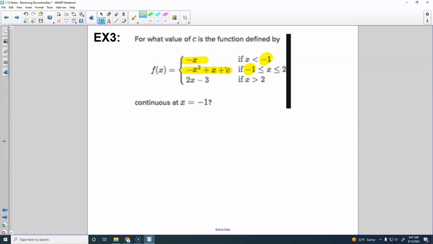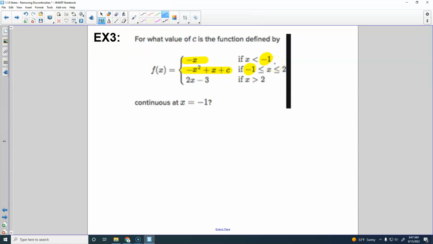It does not tell us it's got to be continuous at 2. So we're only concerned with the two functions that come together at negative 1. That 2x minus 3, it doesn't even have to be there, right? We're not going to use it. Now, if they had asked continuous everywhere, we'd have to consider both. But they did not do that on this problem.